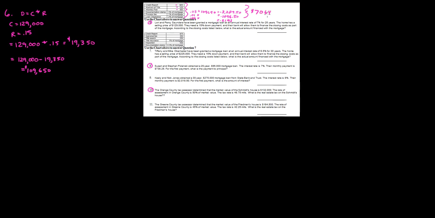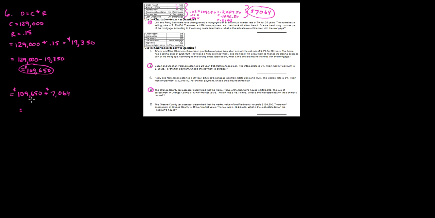And when I add all of those up, I have a total closing cost amount of $7,064. So in this problem, it's asking me, what is the total amount that you're going to borrow if you're borrowing the closing costs right here, and you're borrowing this mortgage amount that we determined after the down payment. So the total amount that I'm borrowing is the 109,650, but it's also the 7,064 from the closing costs.